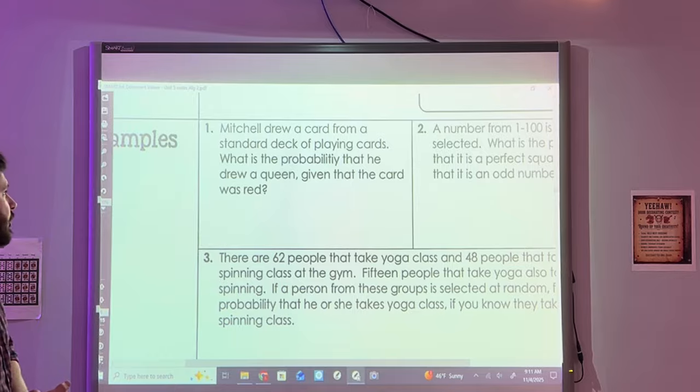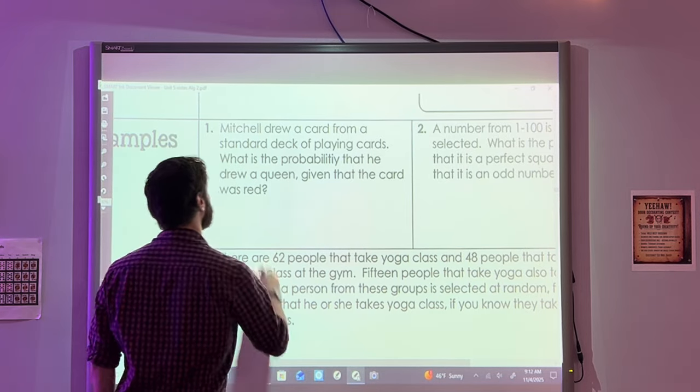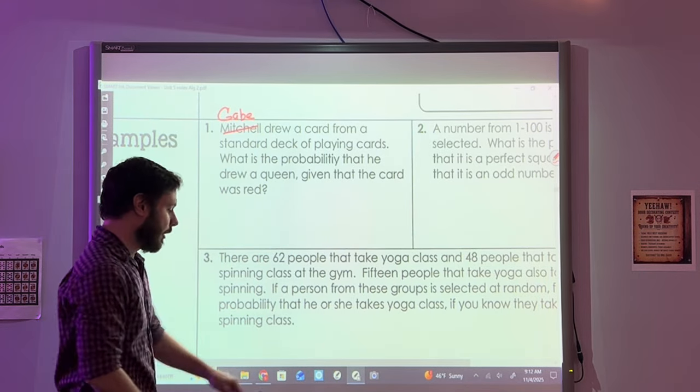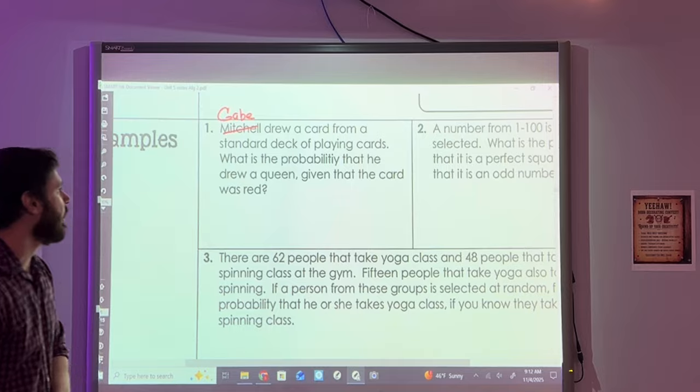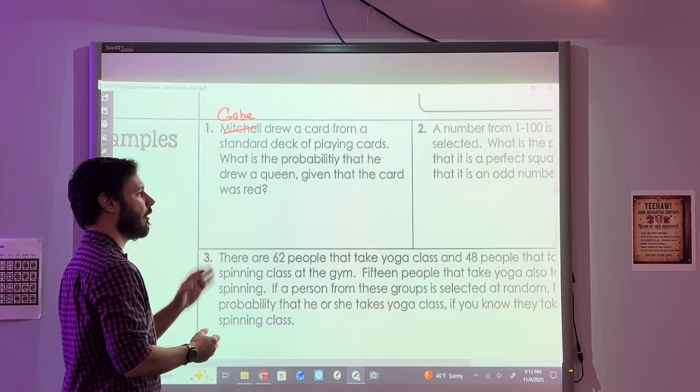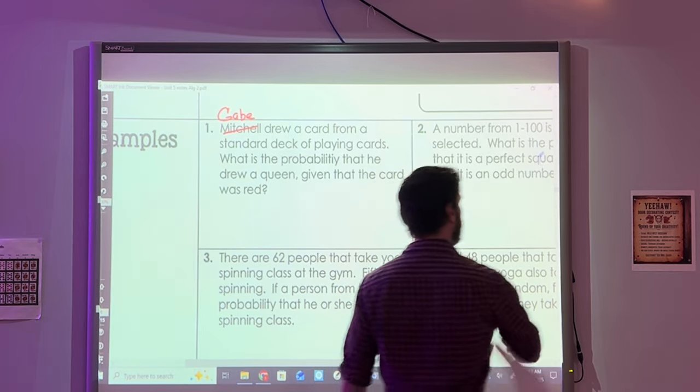Gabe drew a card from a standard deck of playing cards. What's the probability that he drew a queen, given that the card was red? Okay. Reread what is important.